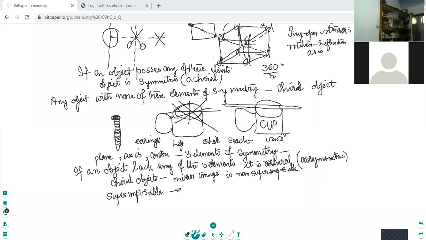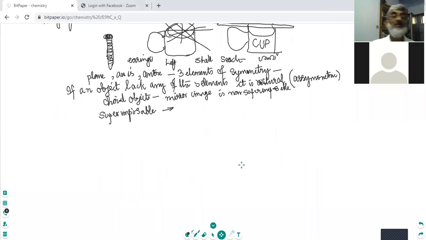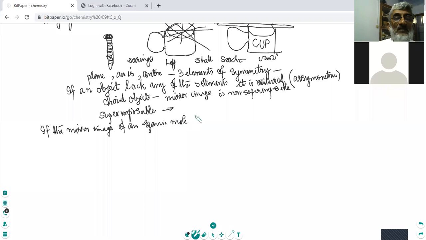For organic molecules, the non-superimposable mirror image is the criterion.